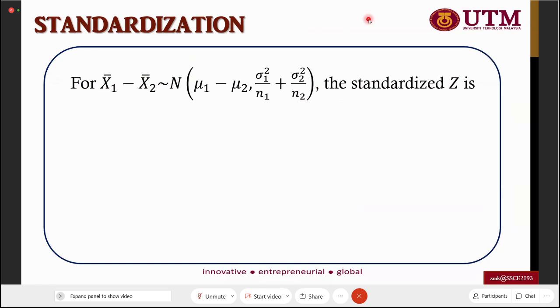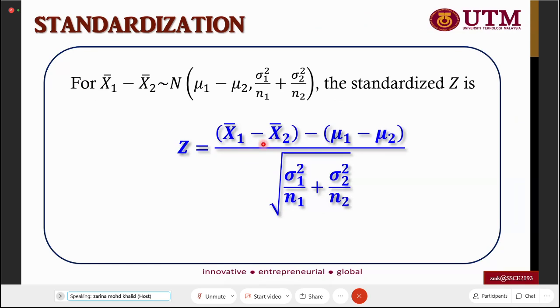We use exactly the same definition. The variable of interest this time is x bar 1 minus x bar 2 minus its mean, mu1 minus mu2, divided by its standard deviation, which is the square root of the sum of individual sampling variances.